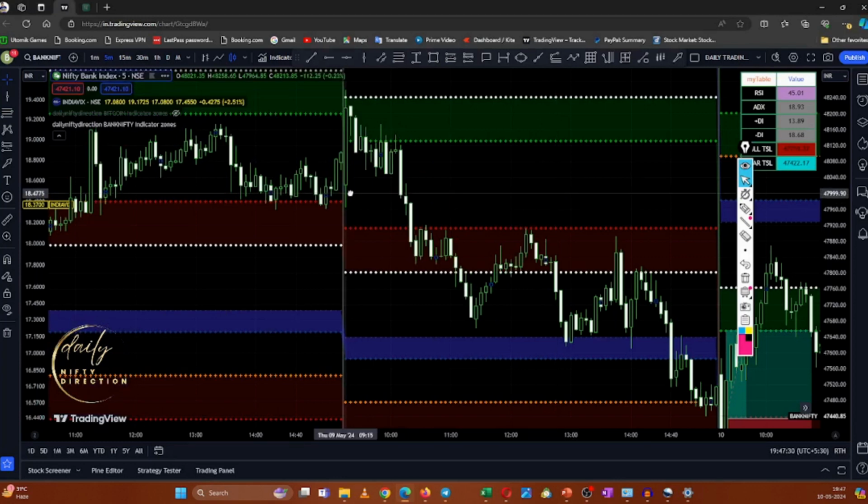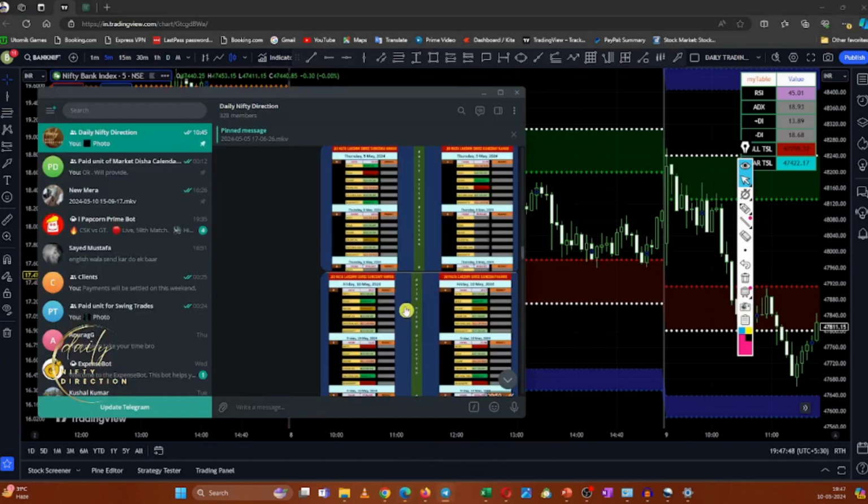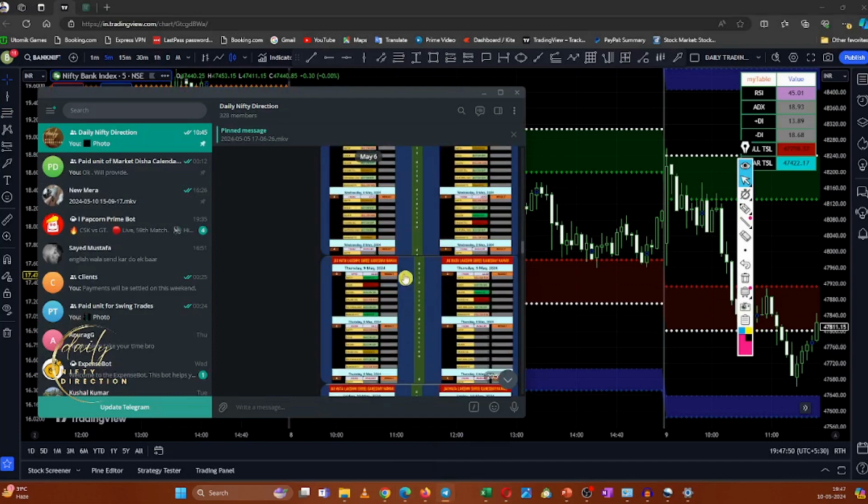On 8th of May it fell from above and then went above, but it was a sideways form. So now check what was provided on 8th of May.